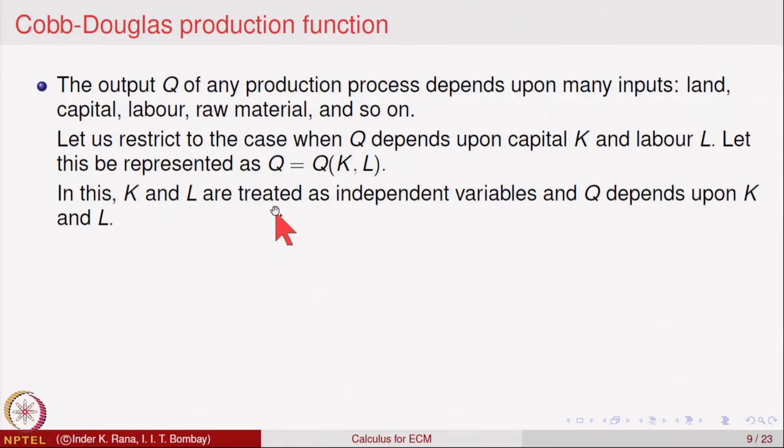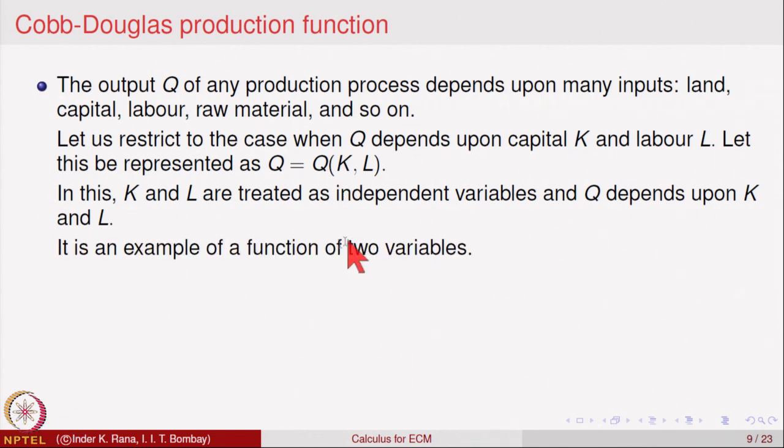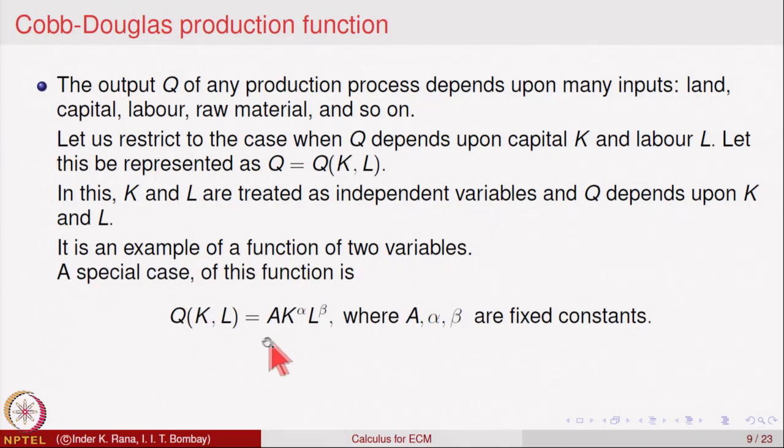So, we want to analyze the production of a certain product with respect to two variables, namely K as the capital and L as the labor. How much money you invest and how much labor you employ, these two are independent, they are not related to each other. So, one says K and L are independent variables, and Q is a function of two variables K and L. A particular special example of this relation Q(K, L) is when Q(K, L) is equal to A into K raised to power alpha, and L raised to power beta.